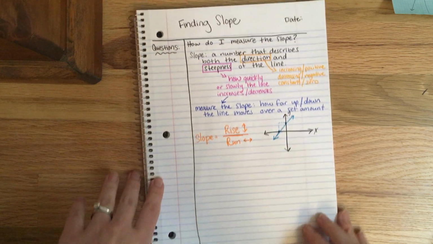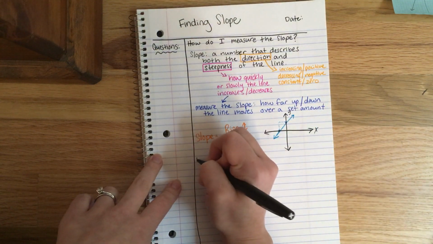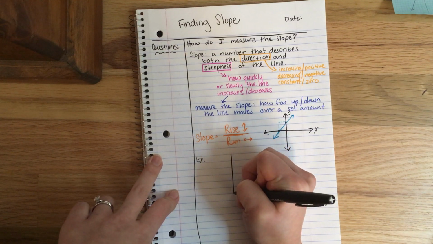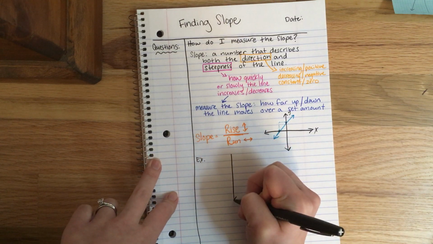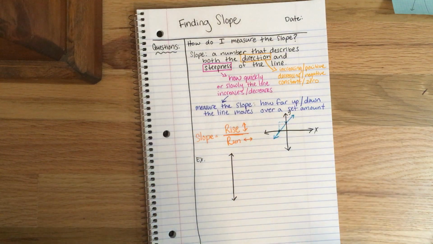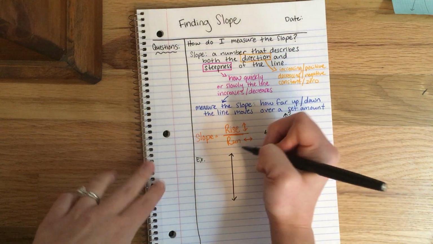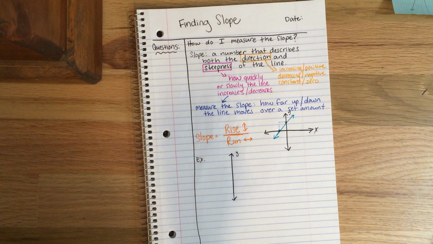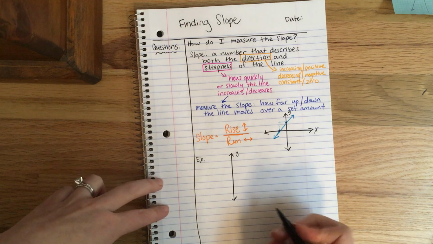Let's take a look at a couple example problems here. So we're going to make some graphs. You're going to just do the best you can, remember. So we're going to start with our y-axis. Try to make as straight of a line as possible. If you have a straight edge or even a pad of sticky notes that you can draw a straight line on, that will be helpful.